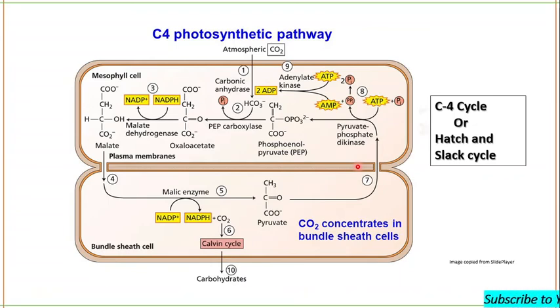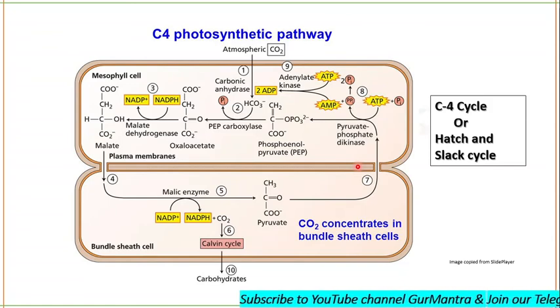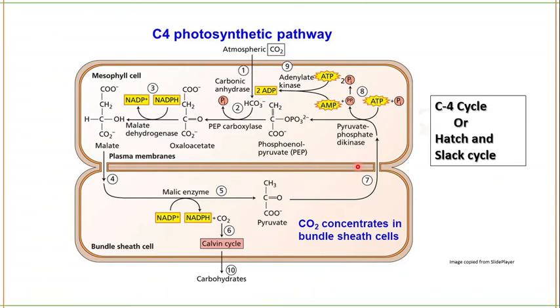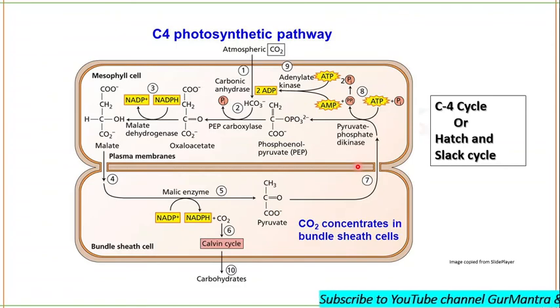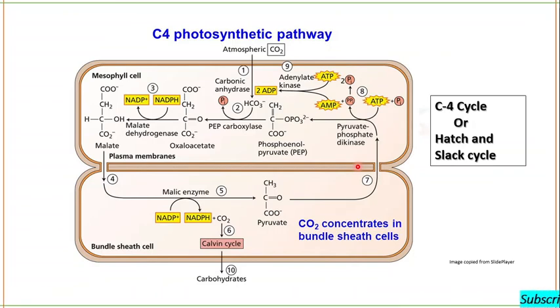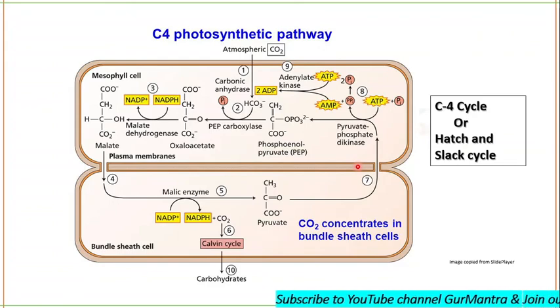In the next photosynthesis part 5, we'll talk about CAM cycles and the difference between all these. Along with this, we will be doing some questions related to photosynthesis, because we complete our photosynthesis, and after this we will be studying hormones. So just wait and watch. We will be completing everything in detail.